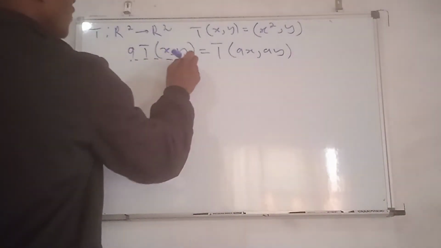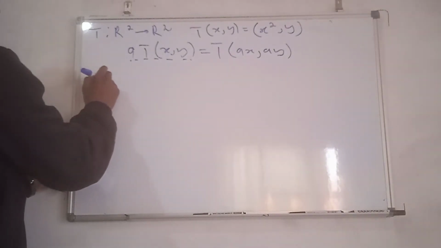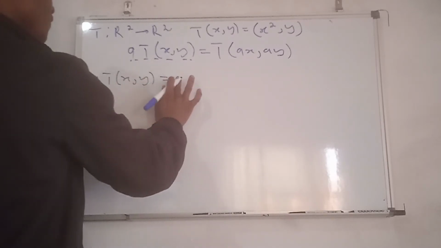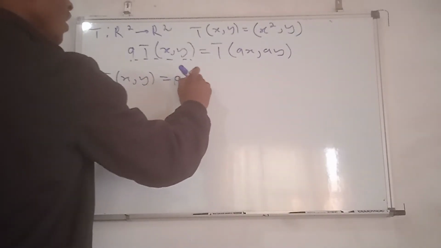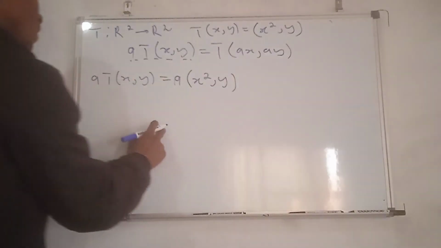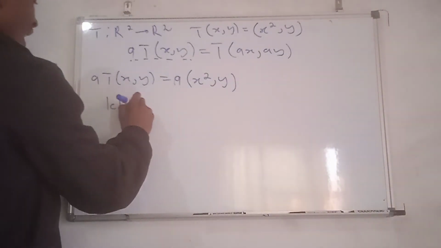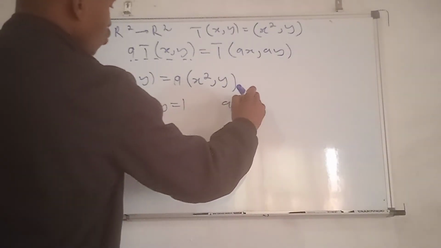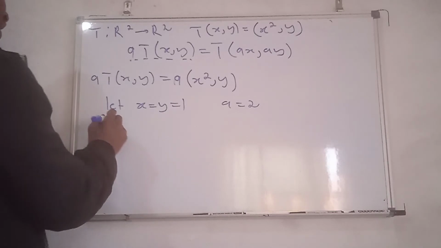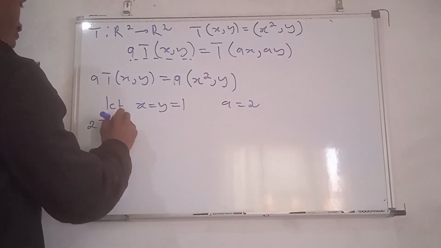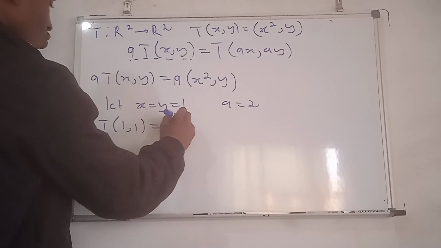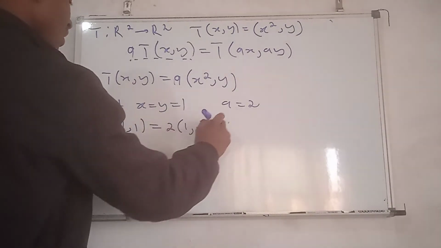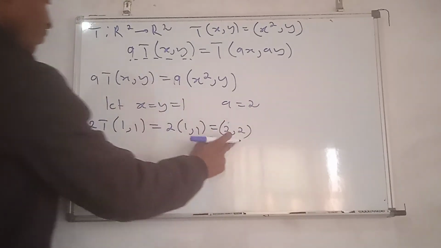So we start with this part of the equation. T(ax, ay) is equal to ((ax) squared, ay). But I can just let x equal y, which will be 1, and a to be 2. So this is the same as 2T(1, 1), which is the same as 2 times (1, 1), which is just the same as (2, 2).